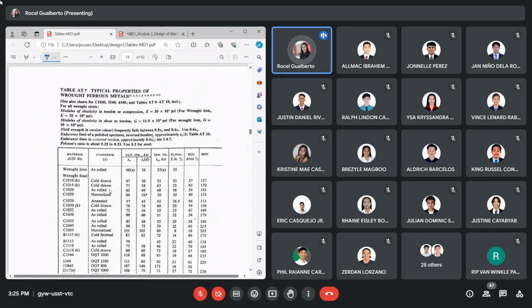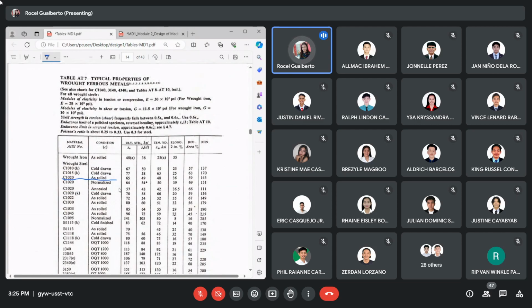So ito po yung table 87. Then you look for C1020 as rolled. Okay? Ito po yung C1020 as rolled. So ito po yung sinasabi ko na dapat pag naghanap ka ng value ng E, titingnan mo po muna within po yung kanyang linya. Okay? Nung particular material po natin na binabanggit. Okay? So ayan po yung ating C1020 as rolled.